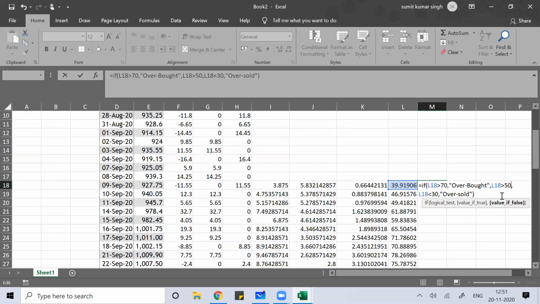If it is more than 50, then you can sell, you can do short selling.